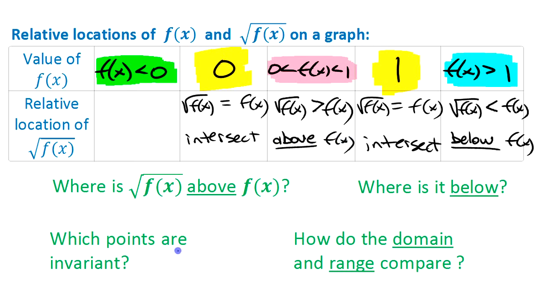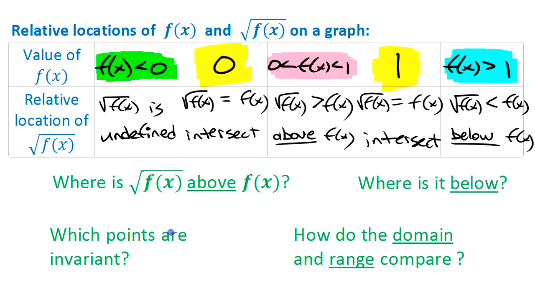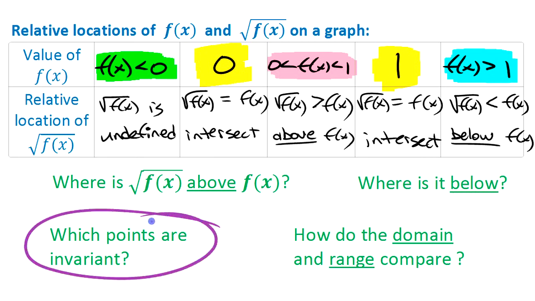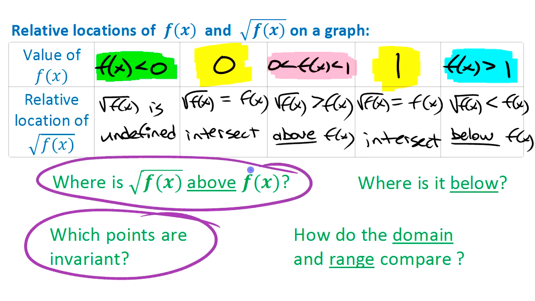And then the last part over here was where the square root graph was undefined. Square root of f of x is undefined. There is no graph there. The values are undefined because you can't have the square root of a negative. All right, so that's a bit of a summary of where invariant points are, where the square root graph's above, and where the square root graph's below.